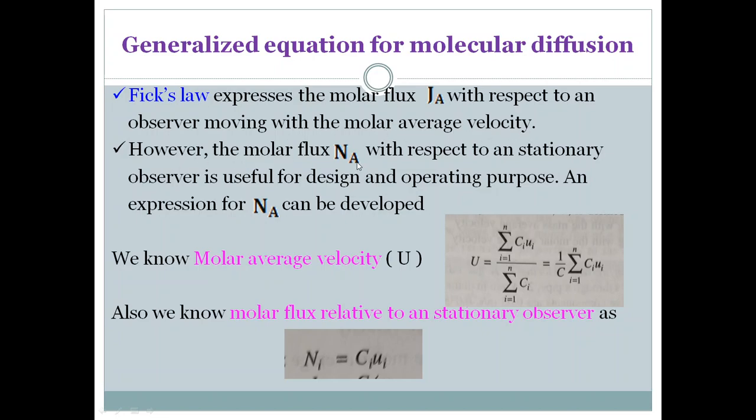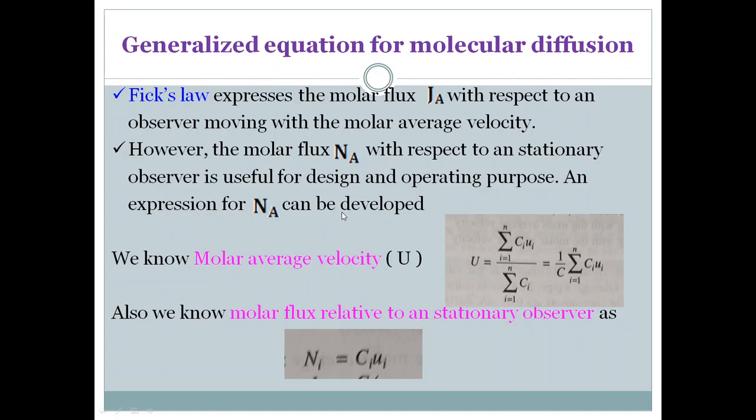However, the molar flux NA, with respect to a stationary observer, is useful for design and operating purposes. J is the capability: if J is high, it is easy to separate. From the design point of view, we are interested in measuring the total molar flux, and an expression for NA can be developed.